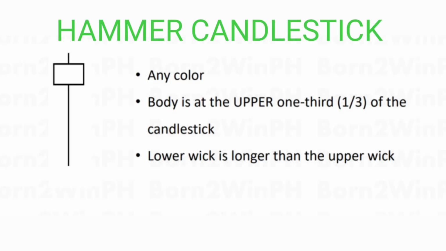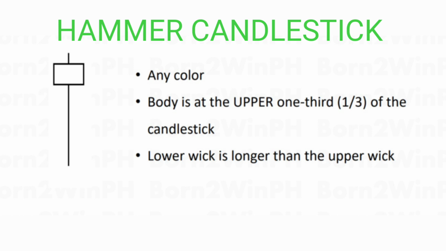This is what we call the hammer candlestick, that represents a potential swing high or buy position. When we talk about swing, it represents a longer reversal trend, either bearish or bullish.